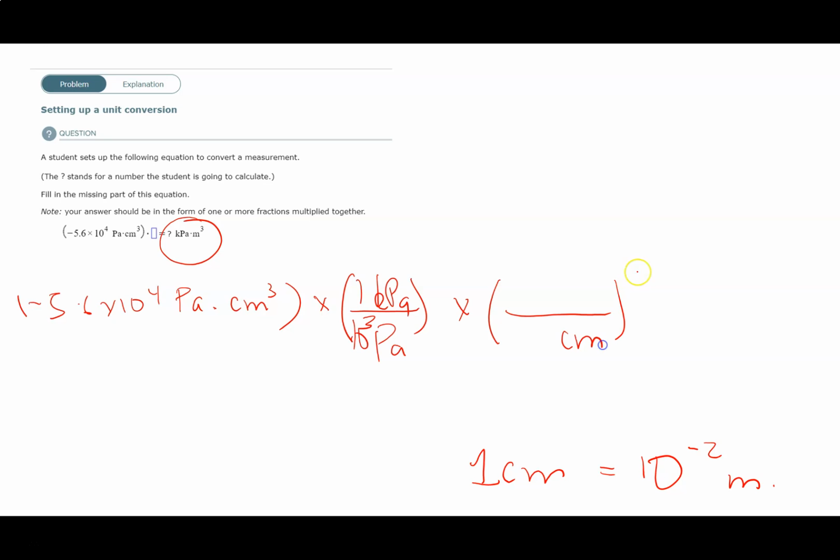I want centimeters on the bottom, and I'm going to cube it before I even get going. And then I want meters on the top, and 1 centimeter cubed is the same as 10 to the minus 2 meters. And so centimeters cubed cancels because I've got the cube there. Pascals cancels, and then I'm left with kilopascals meters cubed, and I know I got it right.